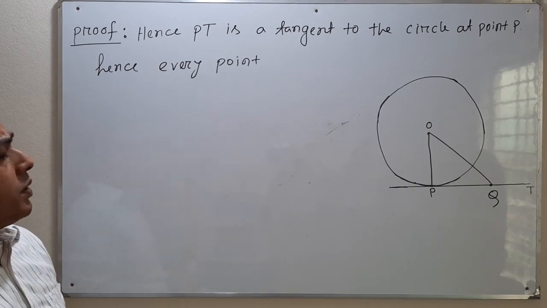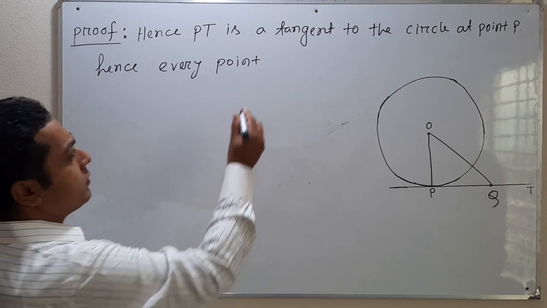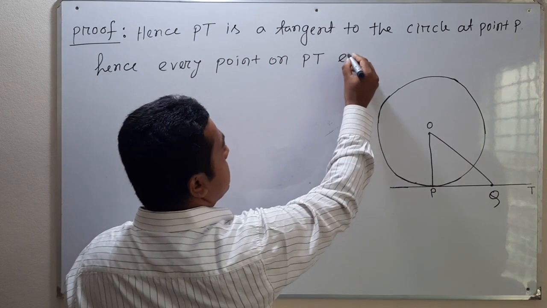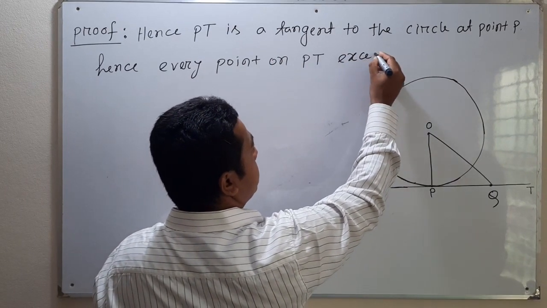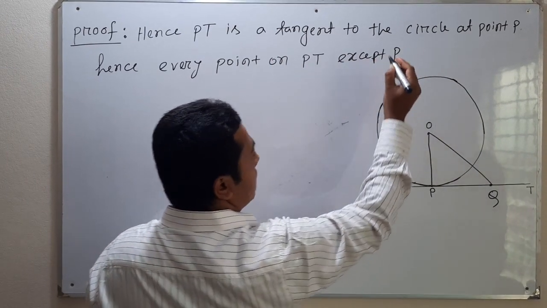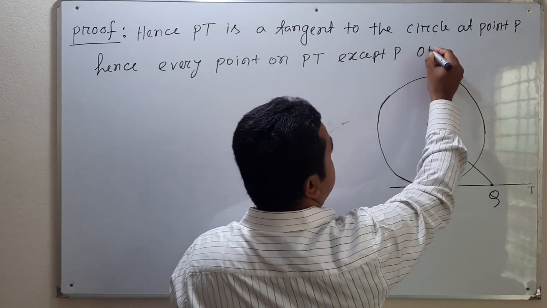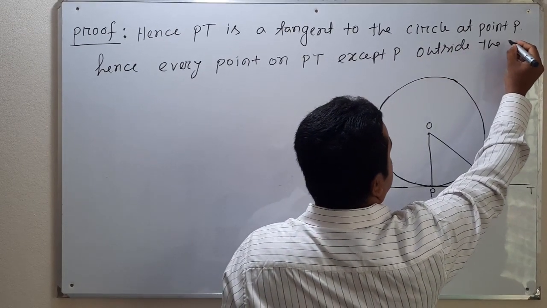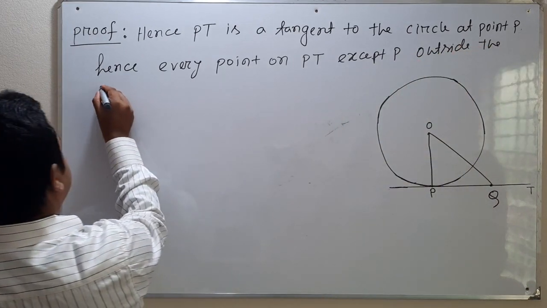Hence every point on PT except P is outside the circle.